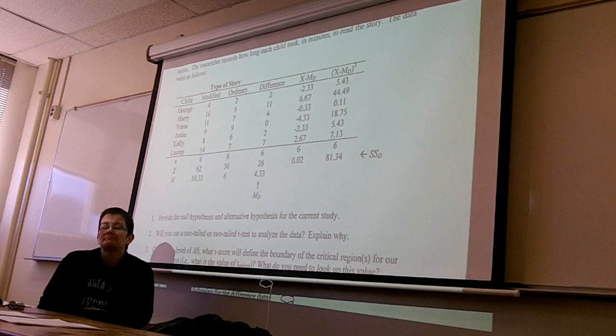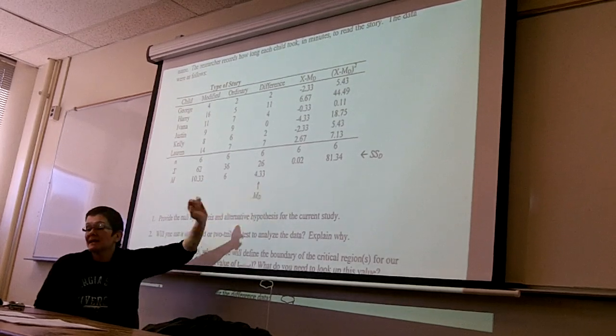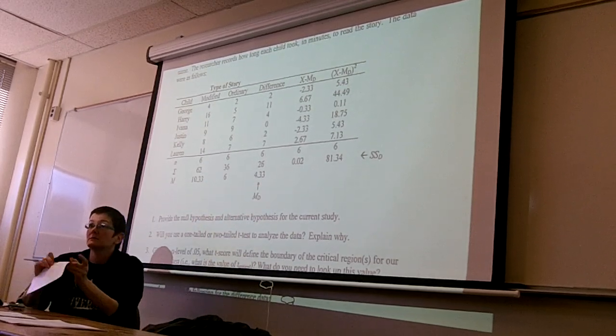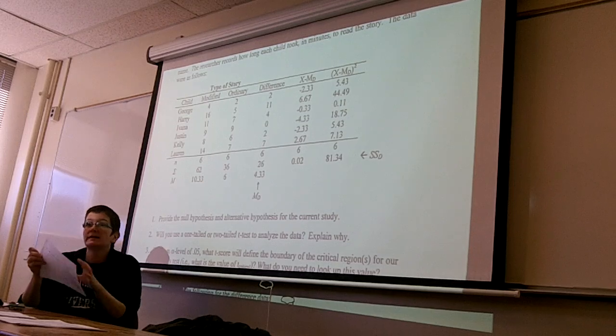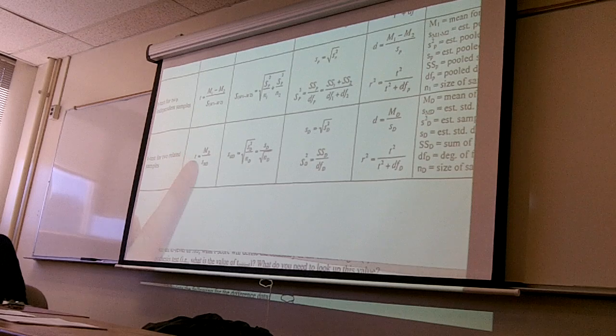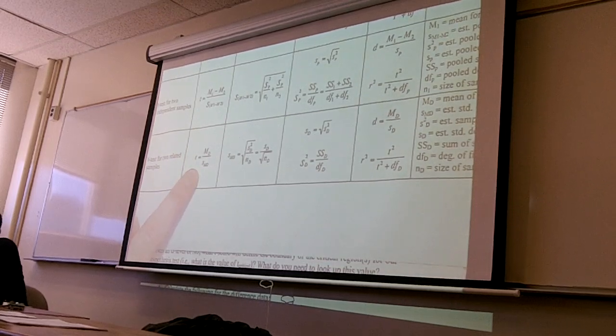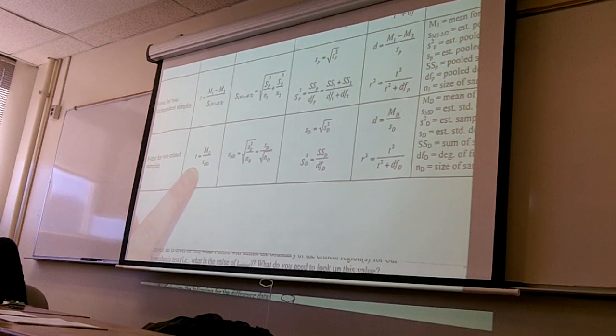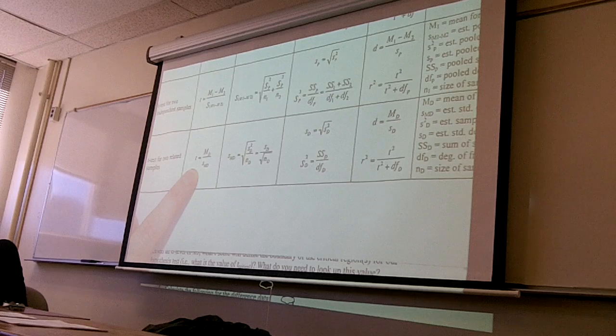But that's my mean difference. If you take a look at this formula sheet, you'll see that the numerator for our t observed is that mean of the difference scores. So as soon as you have that data, you know what the numerator for that formula is. You're done. It's really fast.